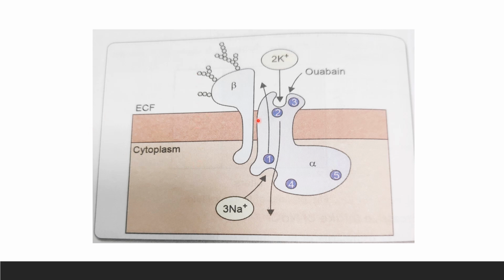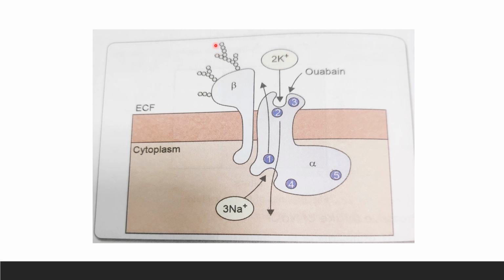We know from our previous video on body fluid distribution and ionic concentration that extracellularly the most highly concentrated ion is the sodium ion. So extracellular sodium concentration is high and intracellular potassium concentration is high. Here the sodium is already high in the extracellular space, yet it is moving against the concentration gradient.